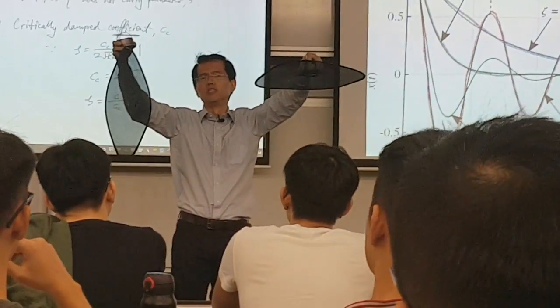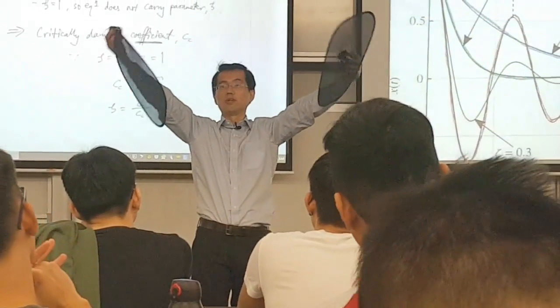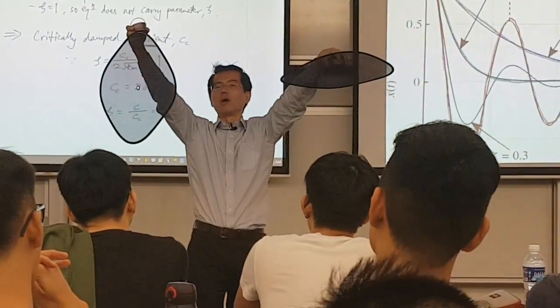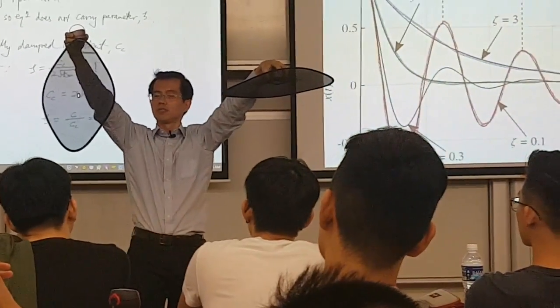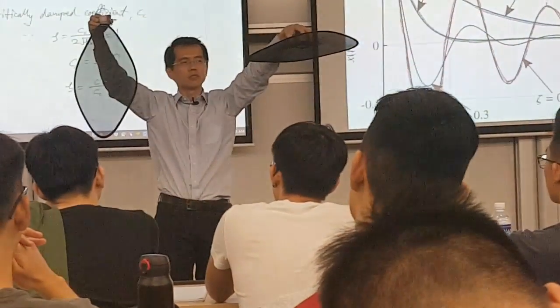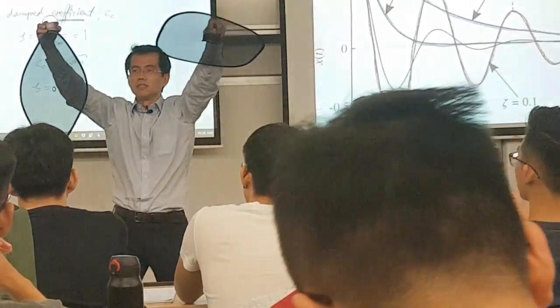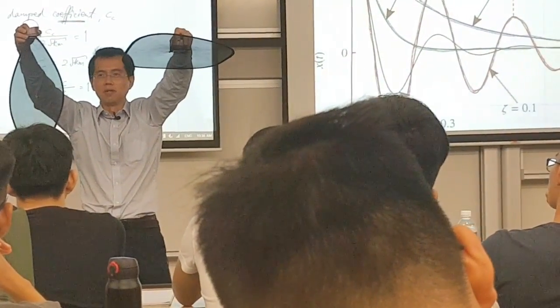It's not going to be influenced by weight anymore, since these two are of the same weight. If what we have seen before says that the one without damping is going to oscillate faster and the one with damping is going to oscillate slower, then you'll be correct in this case.